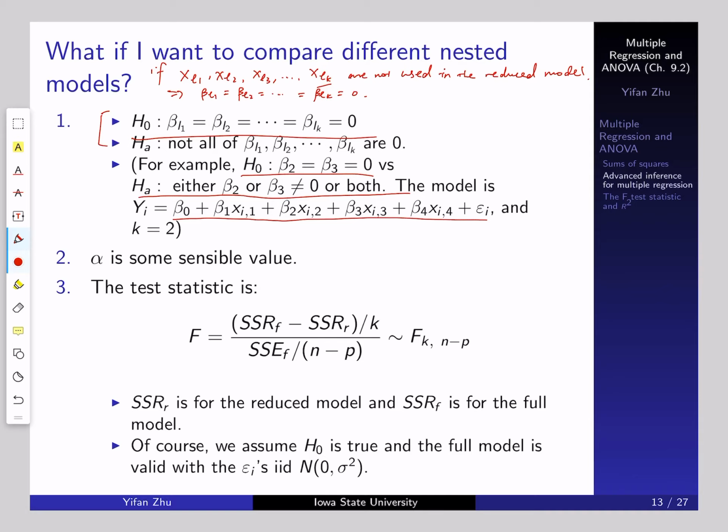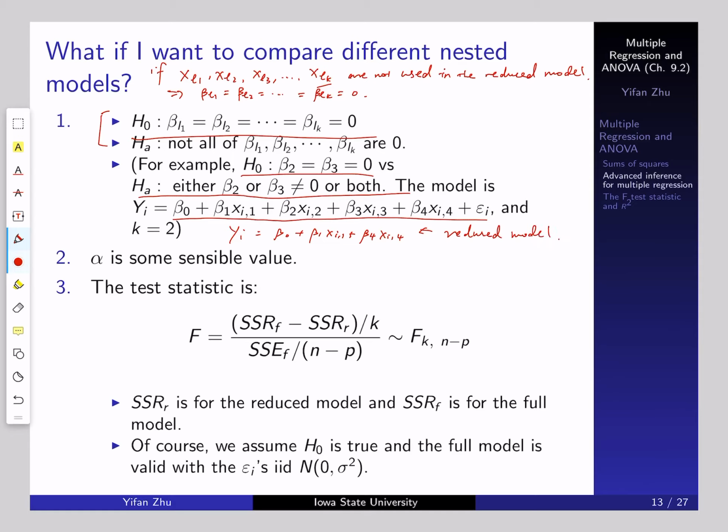So in this case, you're actually testing against a reduced model, beta naught plus beta 1 xi1 plus beta 4 xi4.